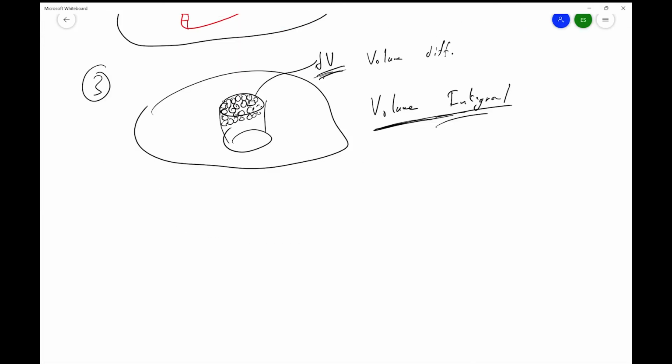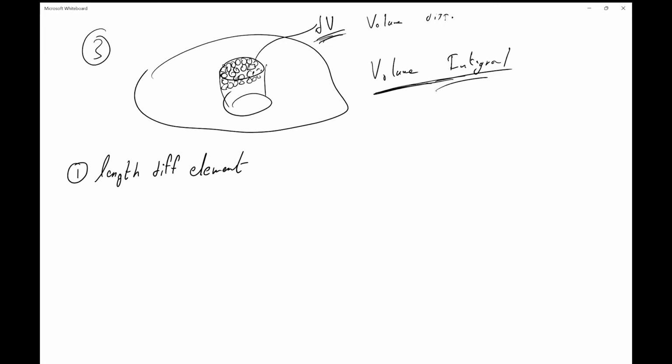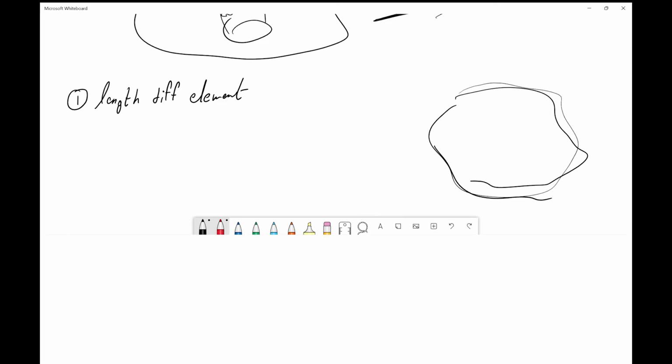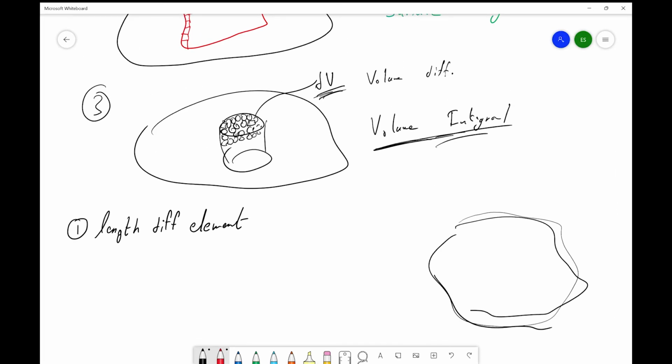So let's go define those integration elements intuitively next. Let's start with what's called the length differential element. And this is a vector, because we are in space, integrating from one point to the other across a line, across a curve.